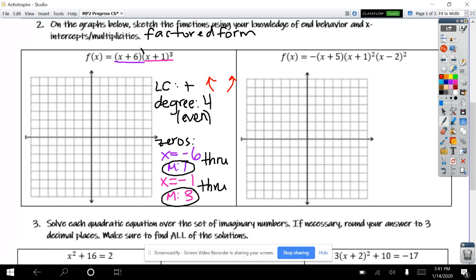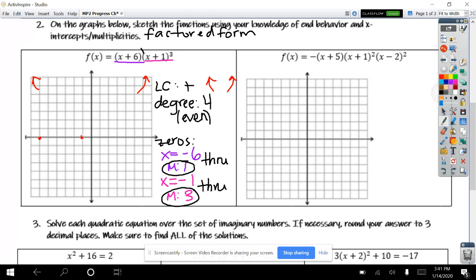So I'm going to sketch that onto my graph. And then I'm just going to fill in the middle using my zeros. So I know I have a 0 at negative 6, and then I have a 0 at negative 1. So negative 6 and negative 1. And then I'm going through both of them.